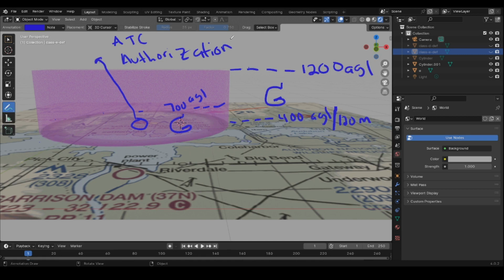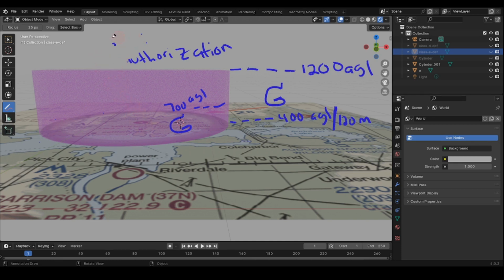So I get on my CTAF and call in. And since it's Class E now, I can erase this. So remember, I'm only calling air traffic control because there's an airport right there. I may not have to, but I like to be prudent and safe for everyone's sake.